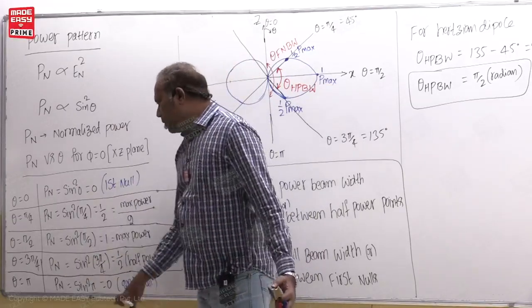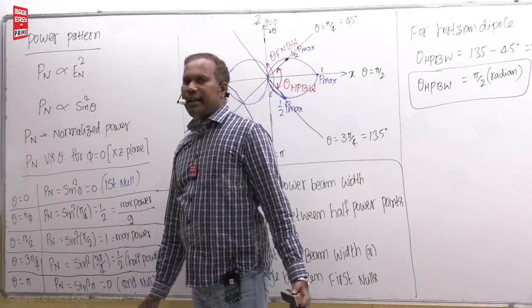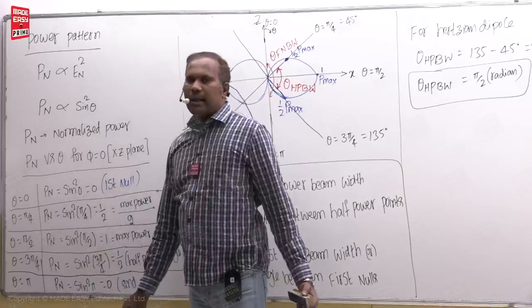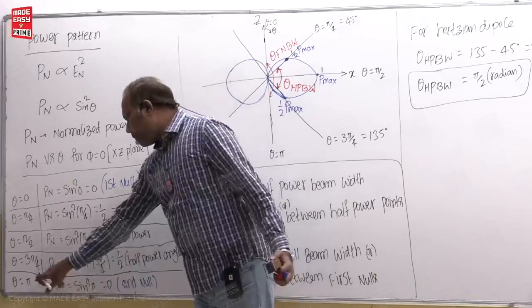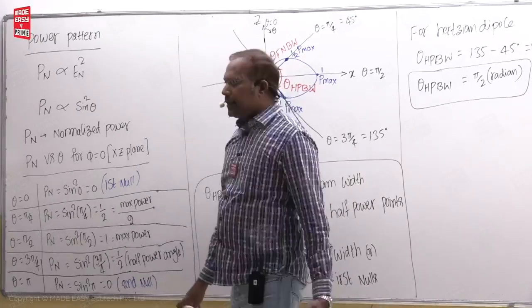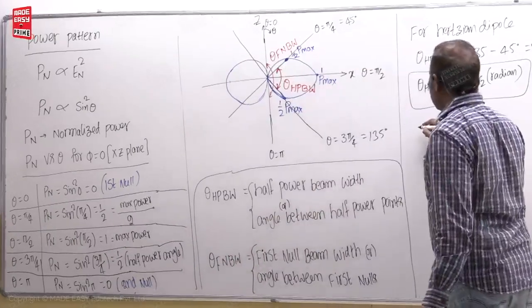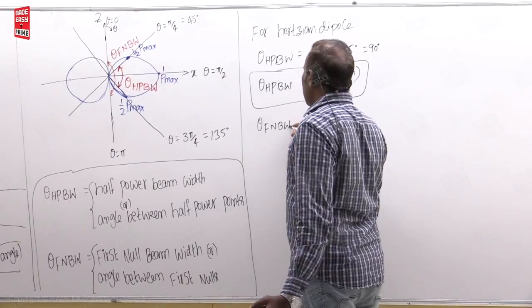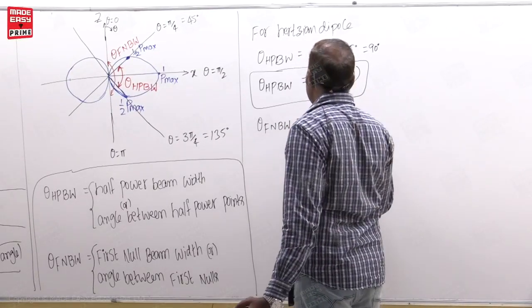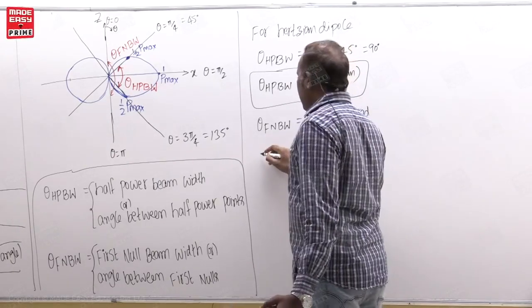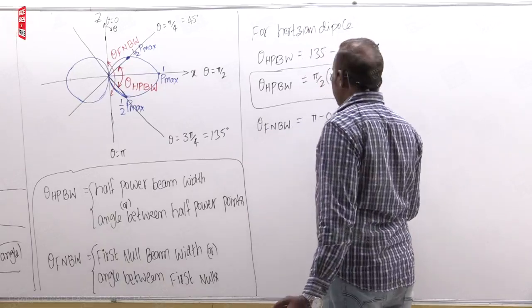Null means 0, coming at 180 degrees. So this angle minus this angle is called first null beam width. So pi minus 0, pi radians, otherwise 180 degrees. So theta FNBW is equal to pi minus 0, that is pi radian.